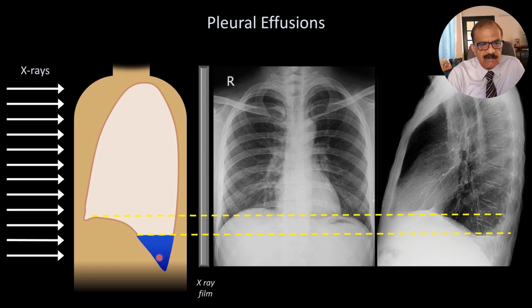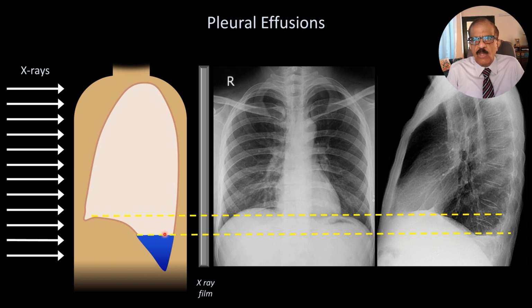I'm not sure what this should be called, the diaphragmatic, I think costophrenic, the posterior side angle. So this is the place. I think fluid has to rise above this line to be visible on PA film, but only this much fluid is visible on the lateral film.